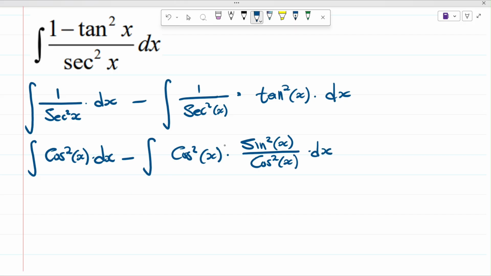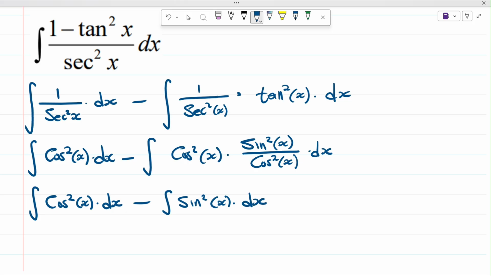And then we can see that here cos squared is going to chop cos squared, right? So at the end of the day, we'll just be left with the following: the integral of cos squared of x dx minus the integral of sine squared of x dx. So I've already told you prior to the question that we were solving there that whenever we have cos squared, we need to substitute by its equivalence when it comes to half angle identities, as well as sine squared.